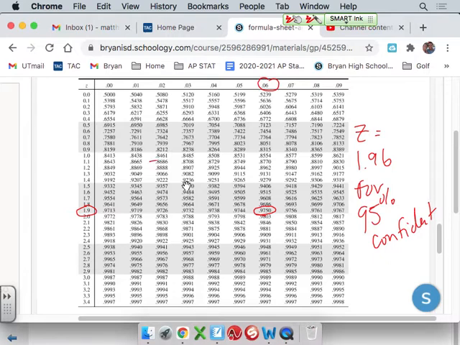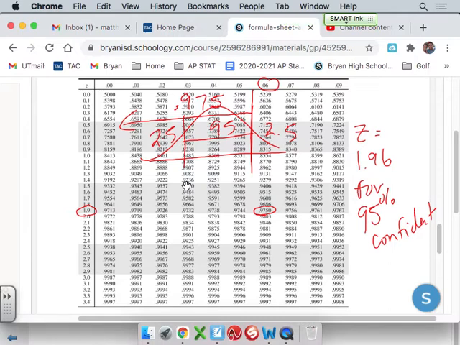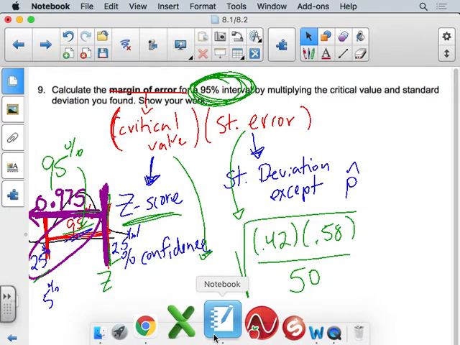Because remember, let me just draw it out again. 95% in the middle means 2.5 on either end, so we're actually looking for 97.5 as my number. All right, so my critical value, my z-score, is 1.96.